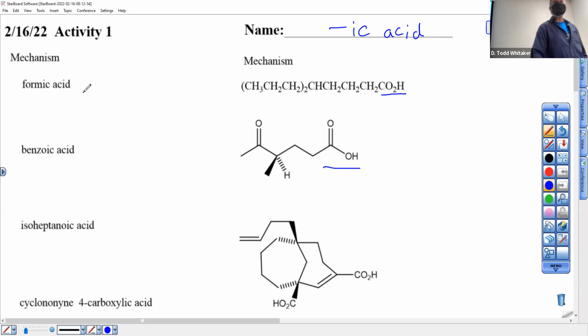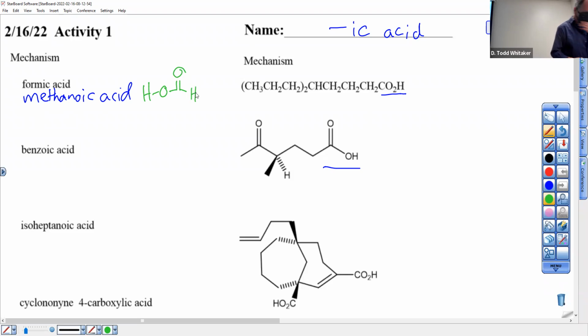Formic acid, we have to learn that the first two carboxylic acids have very good systematic names. Methanoic acid, also known as formic acid, is the simplest carboxylic acid. HO carbonyl, and there you go, you're out of carbons.